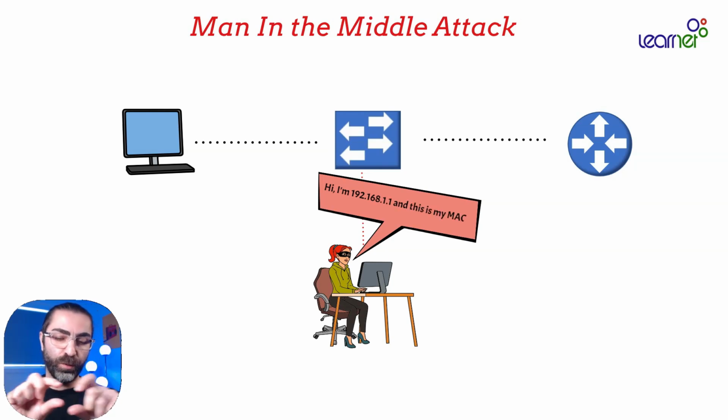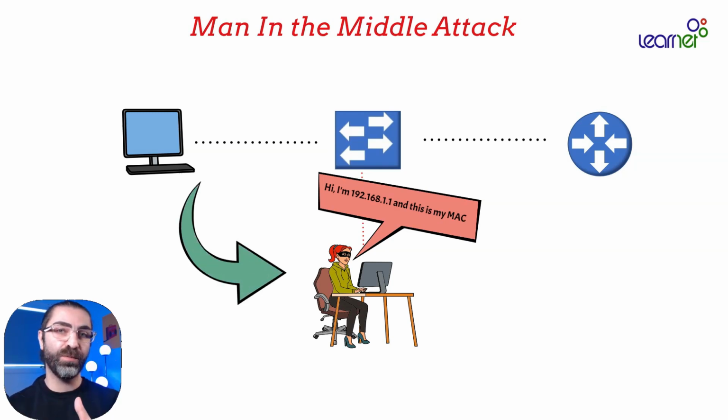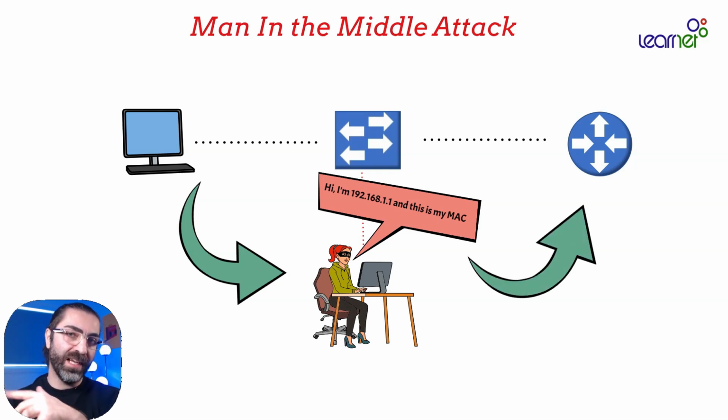If you don't have dynamic ARP inspection configured on the switch, the switch will put that MAC address as the destination interface for that address, and from that moment on, any traffic destined to 192.168.1.1 will first reach the hacker's computer, and the hacker will relay that traffic to the gateway itself. And so they will intercept all traffic from all sources destined to that gateway, which can be very critical data, including credit card information, usernames and passwords, etc.